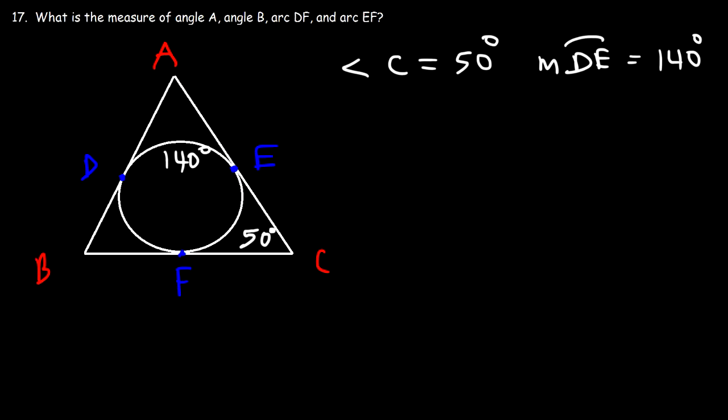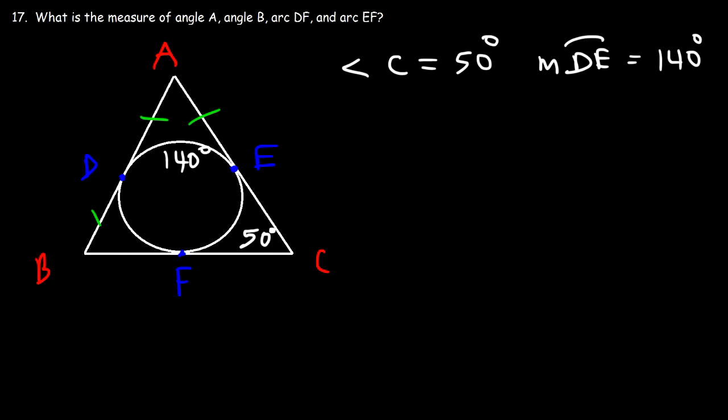Now we have a circle that's inscribed in a triangle. So each side of the triangle is tangent to the circle. So angle A, B, and C are tangent angles. So therefore, we know that AD and AE are congruent, BD and BF are congruent, EC is equal to FC.